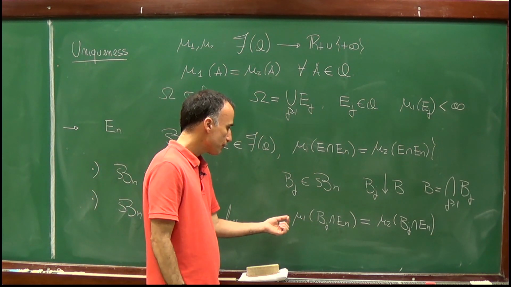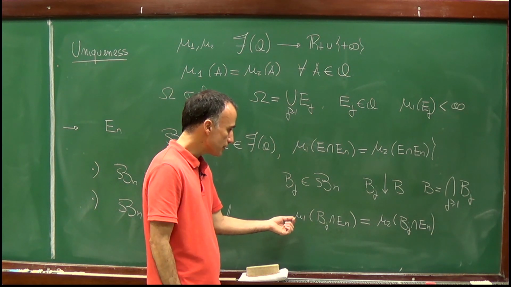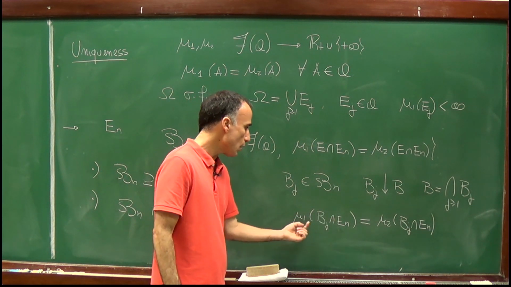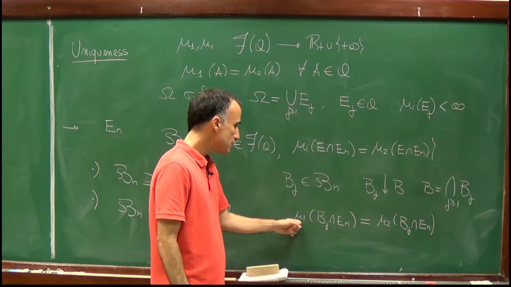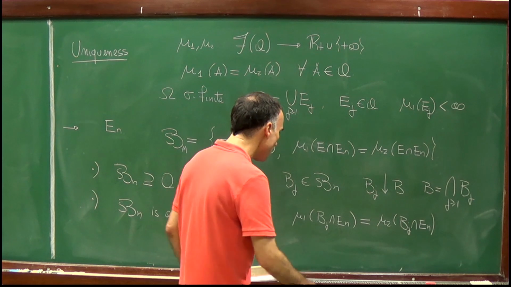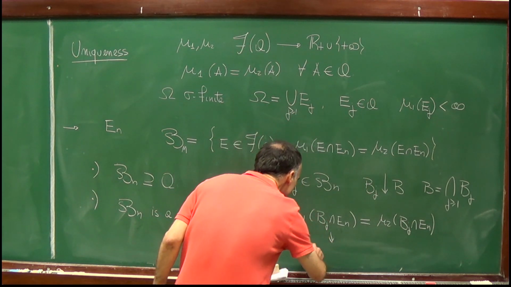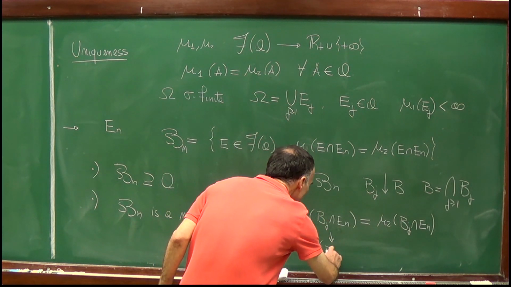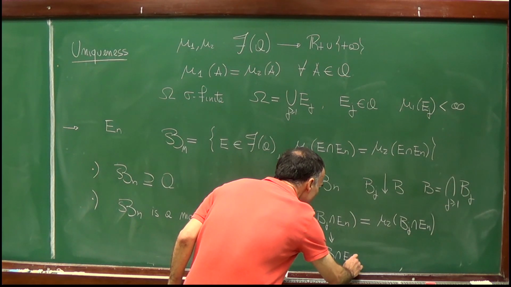So let me state it again. Since mu1 of En is finite, since mu1 is sigma additive, and since this sequence decreases to B intersection En, this sequence converges to mu1 of B intersection En.